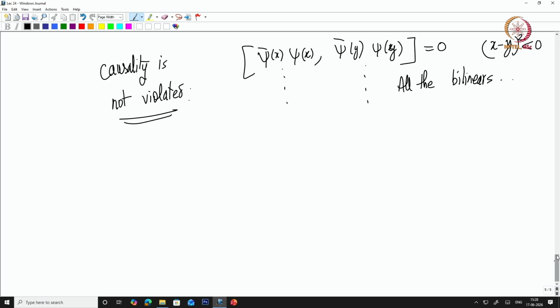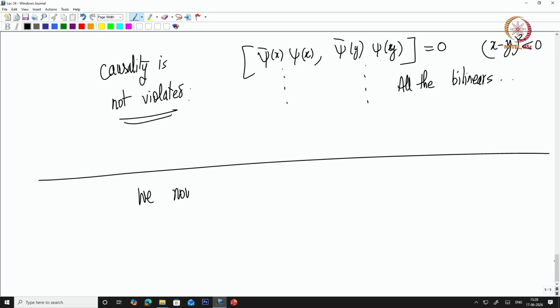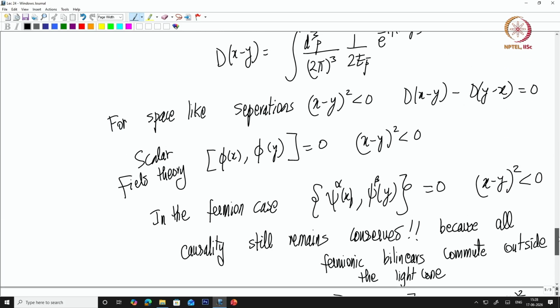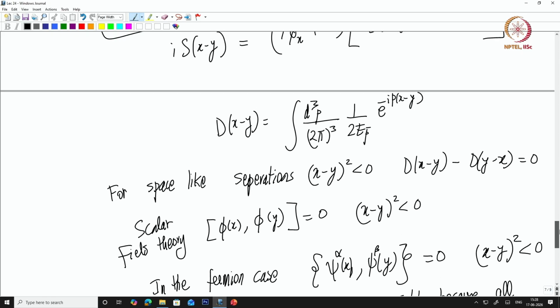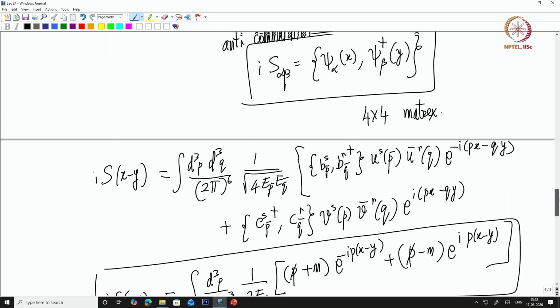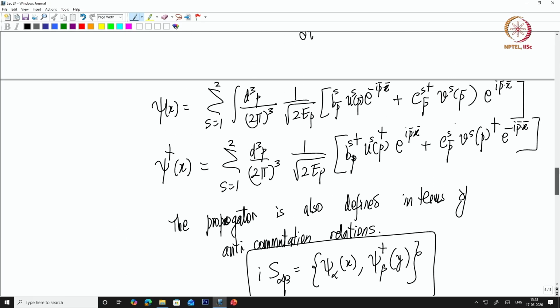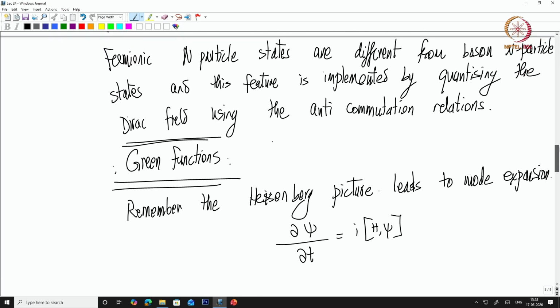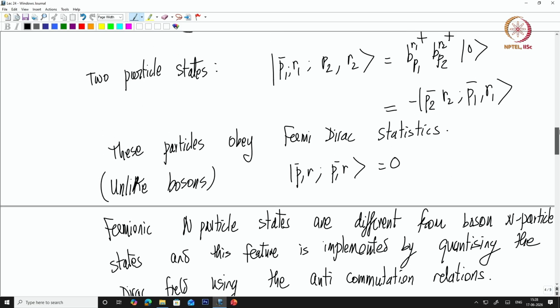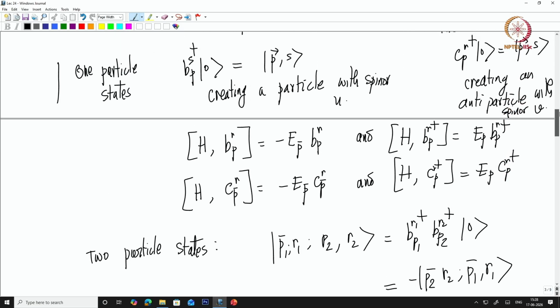So we now move to the Feynman propagator. Given this ordinary propagator, I will stop here, and in the next class I'll start with the Feynman propagator, then look at the Feynman rules for the free theory, and then start doing interacting theories with the Dirac fields.